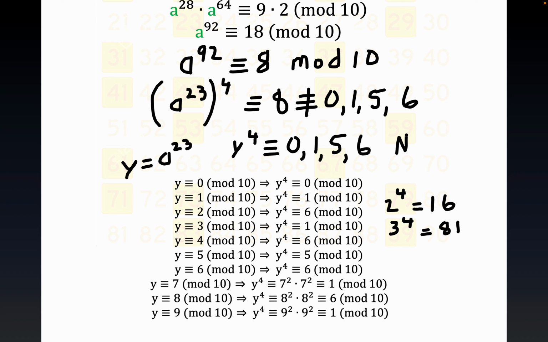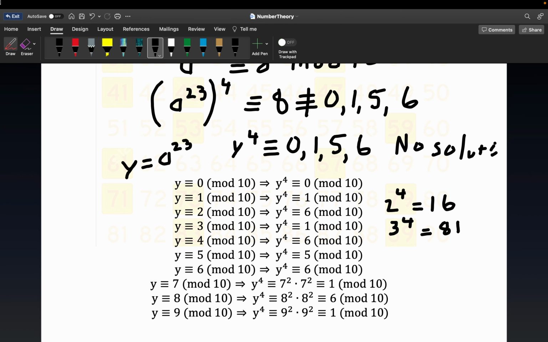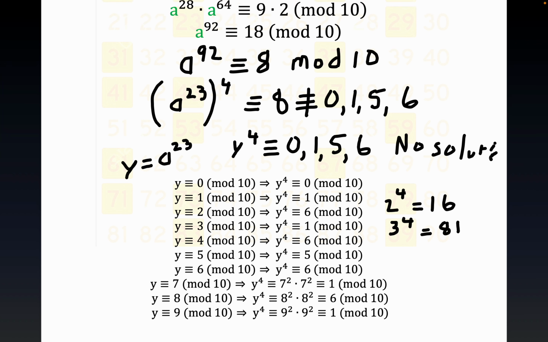The original congruence has no solution. I'm running out of room here. No solution. I'll write vertically, folks. Okay, so no solution is the answer to this thing.